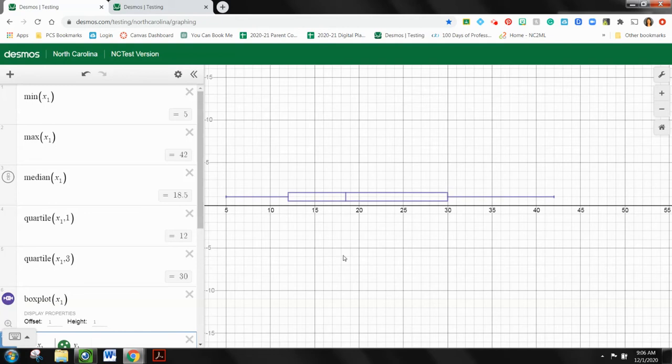So why did the minimum and quartile 1 not change, but the other 3 values changed in my box plot? Well, I'm still going to have a minimum value of 5 because I didn't change anything about the minimum. I only took out one number.